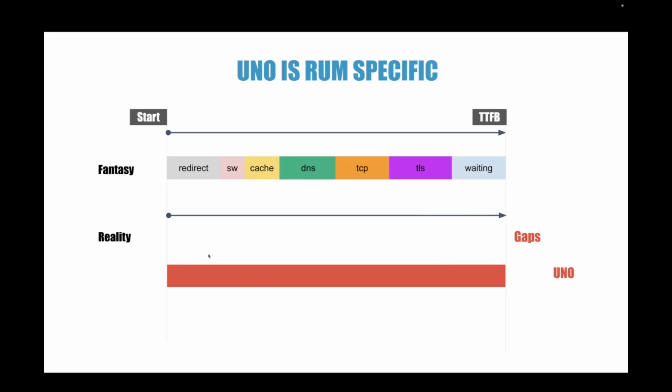So there is no attributable component of time to first byte, meaning that for CrUX, UNO equals time to first byte. If your time to first byte goes up, you have no way to understand what the reason was. Now, I'm not unhappy with CrUX. I just want to show you that UNO really depends on the website.